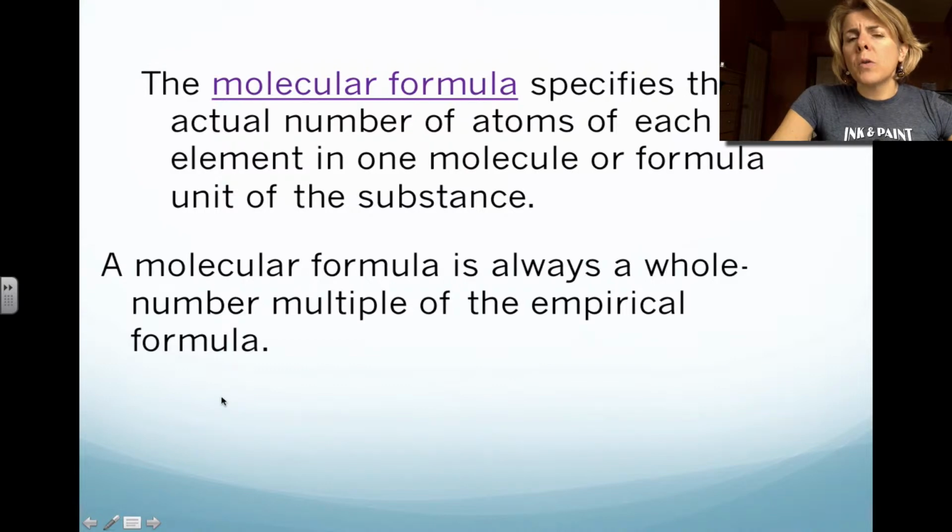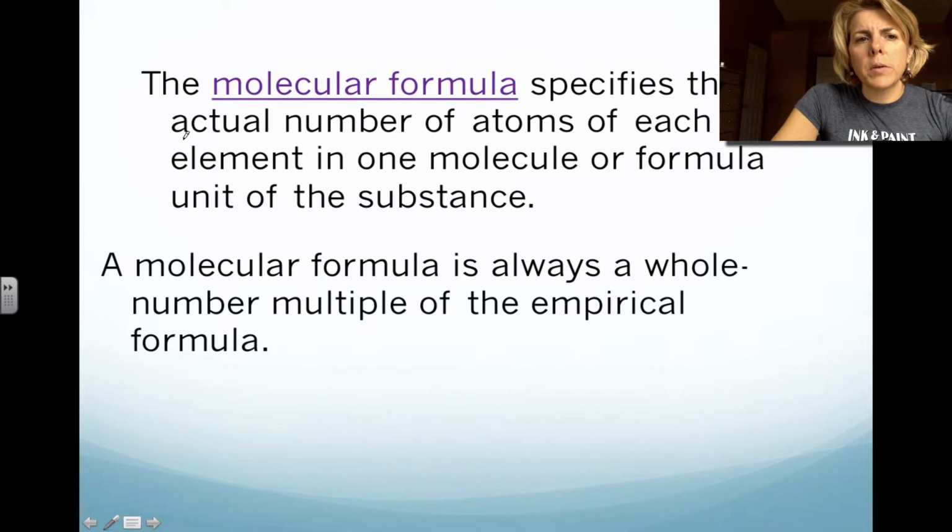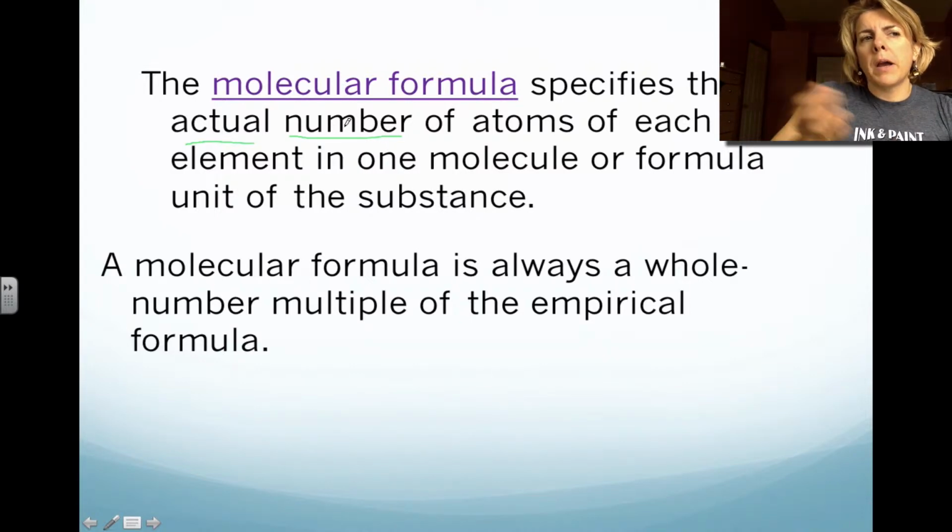Okay, so the difference between the molecular formula and empirical is that with molecular formula, we're looking at the actual number of atoms in the compound. So for empirical formula, we divide it by a ratio.